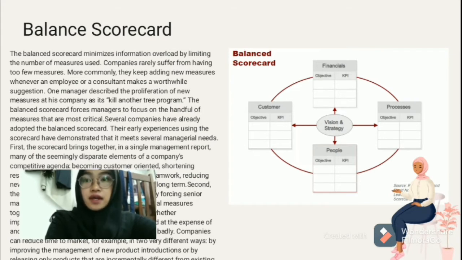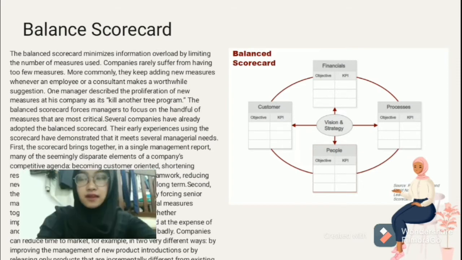One manager described the proliferation of new measures at his company as its kill another tree program. The balanced scorecard forces managers to focus on the handful of measures that are most critical. Several companies have already adopted the balanced scorecard. Their early experience using the scorecard has demonstrated that it meets several managerial needs.